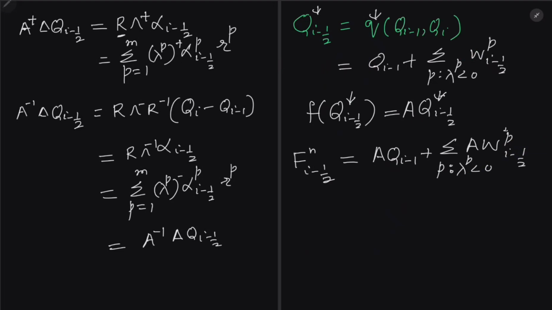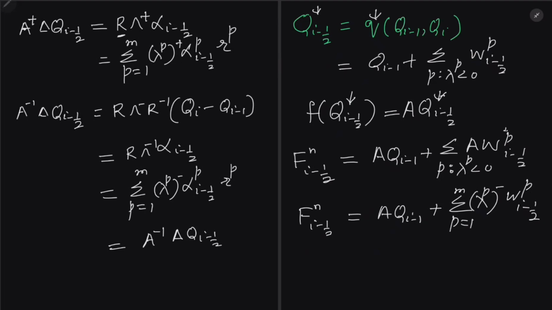So in the summation form, this only shows that we have all the information for the flux coming from the negative speed, the wave from right to left. It is written as F^n_{i-1/2} = A q_{i-1/2} plus the sum from p equals 1 to m, with lambda p, minus W^p_{i-1/2}.